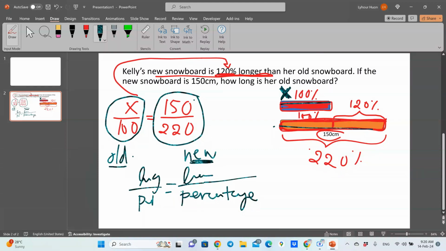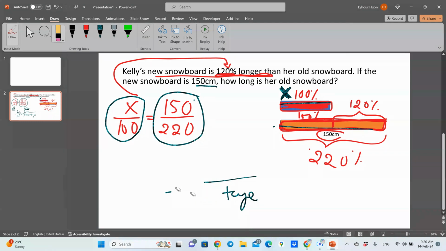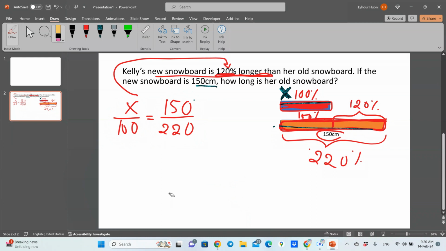The length is x, the percentage is 100. The length is 150, which was given, and the percentage is 220, which we just figured out. Now can we solve for x from this relationship? How do we solve for x?